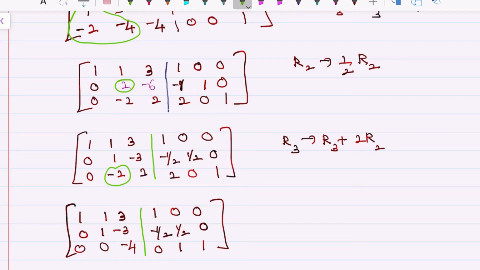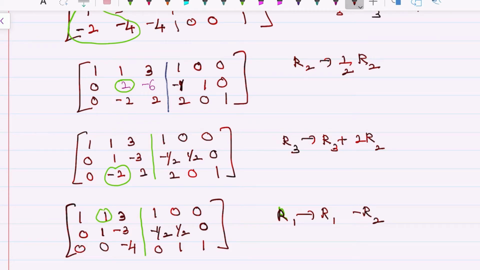So again we need to get the identity matrix here. Now we will try to do R1 minus R2. If I were to do R1 minus R2, this entry would become 0.